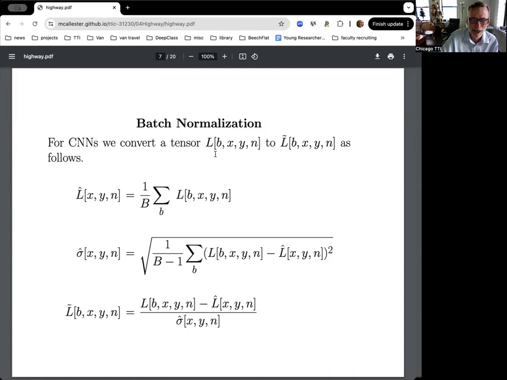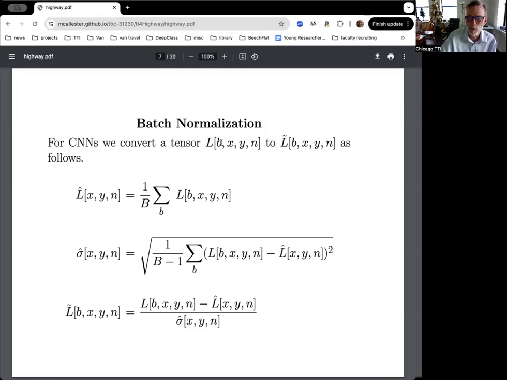In a vision layer, we always have a batch index, saying what batch are we at. Remember, in deep learning, we typically take a batch of inputs, sometimes called a mini batch, although lately they're not so mini, they're huge. We take a batch, and this is saying which batch element we're looking at.